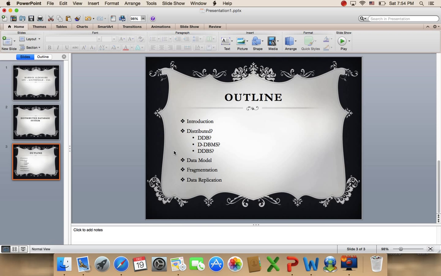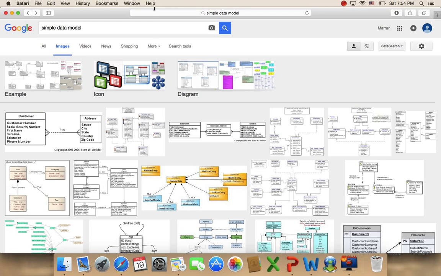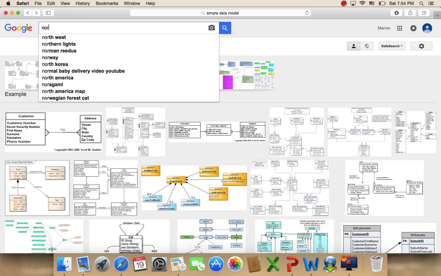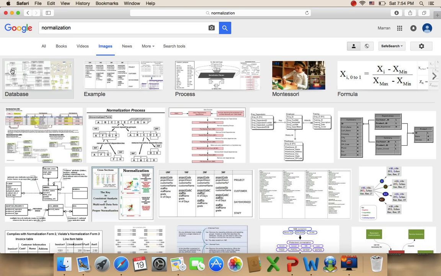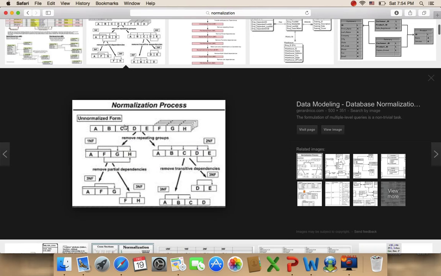In the second normal form, there are some conditions you have to meet.